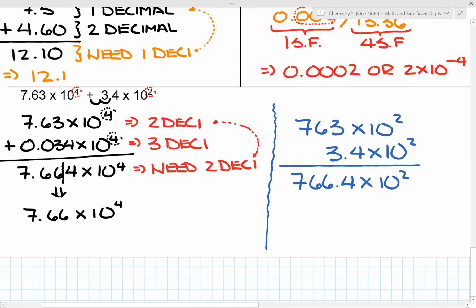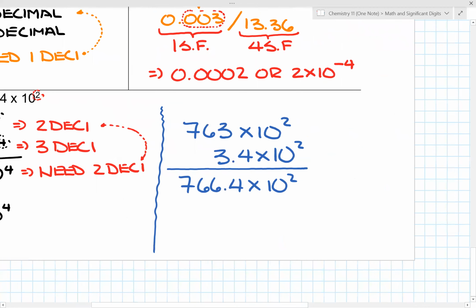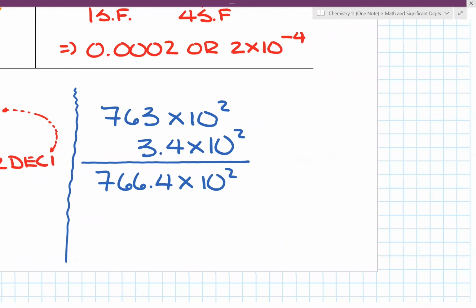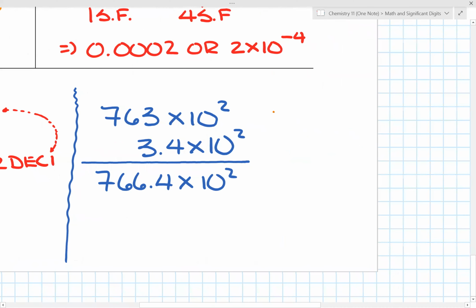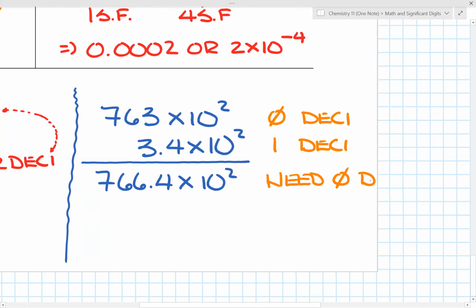Now, if we look at the number here, again, the process, in this particular number, you have 0 decimals. Here you have 1 decimal. And in your final answer, you need 0 decimals to match up.